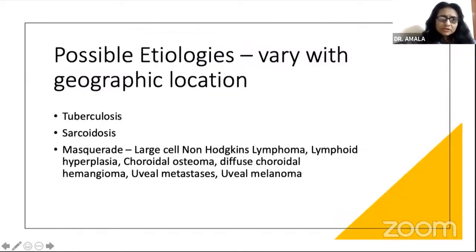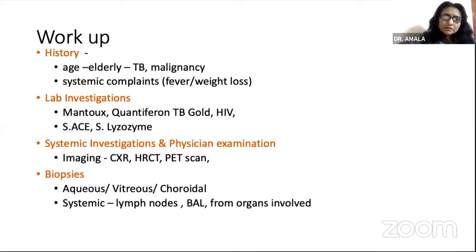The possible etiologies vary with geographic location, and in our country, tuberculosis and sarcoidosis are the most common differentials. Depending on the individual situation, we have to keep in mind masquerades, especially non-Hodgkin's lymphomas and metastasis. So the workup needs to take clues from the history, the age of the patient, and what their systemic complaints are.